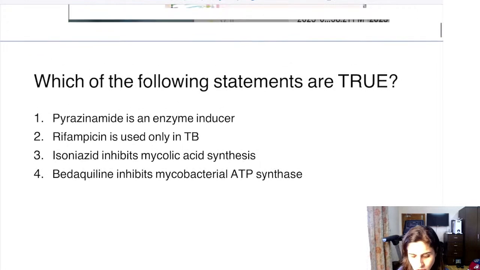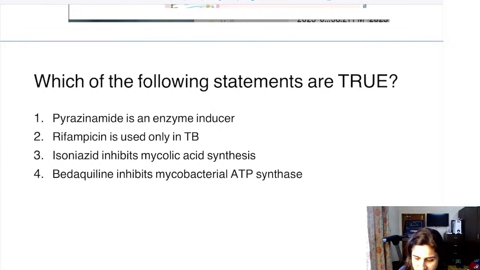Now here, which of the following statements are true? Which of the following statements here are true? First, pyrazinamide is an enzyme inducer. Rifampicin is used only in tuberculosis. Isoniazid inhibits mycolic acid synthesis. And bedaquiline inhibits mycobacterial ATP synthase. So, which of the following statements are true here?